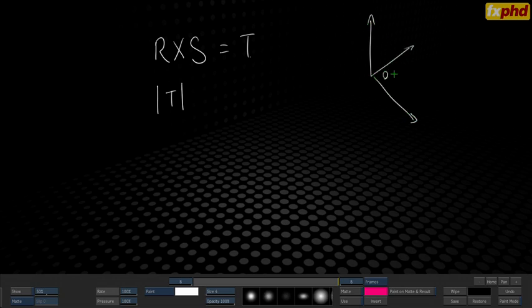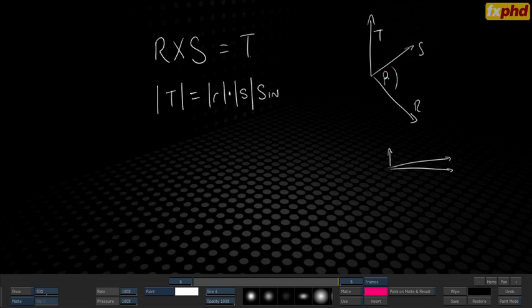So if we call that angle theta here, and this is T, and this is R and S, then as we vary that angle, as we get the angles closer together, T gets less magnitude. The direction remains the same, but the magnitude becomes less. And it's actually the case that we can work out that the magnitude of T is equal to the magnitude of R, times the magnitude of S, times the sine of that angle.